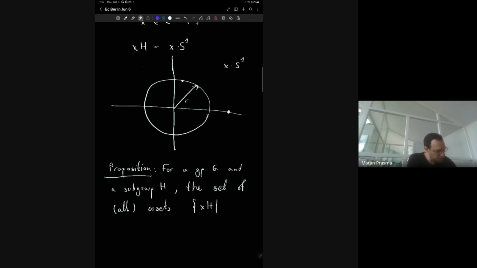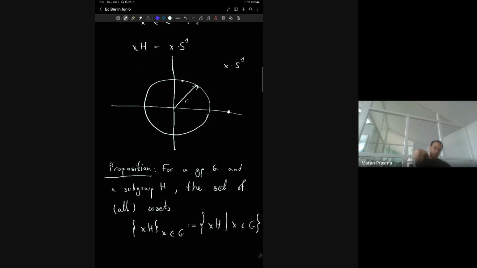Usually it's more handy to write it like this, x in G, but this notation really means just xH such that x is in G.